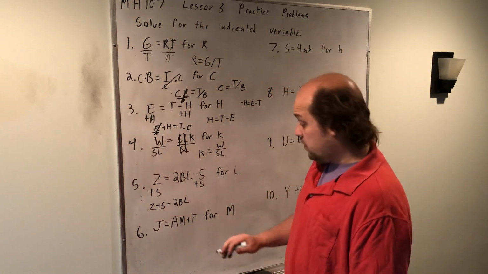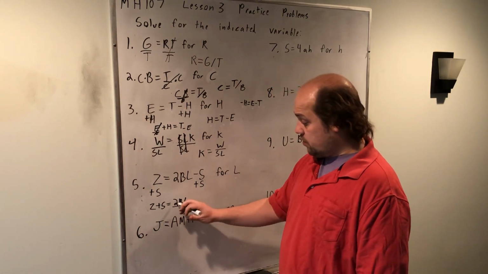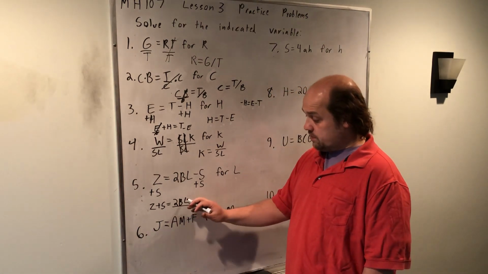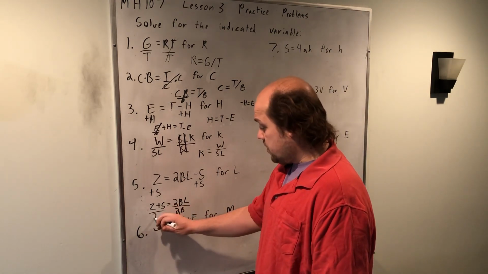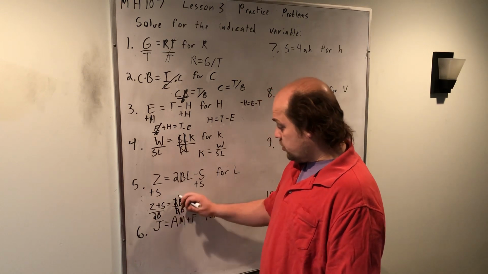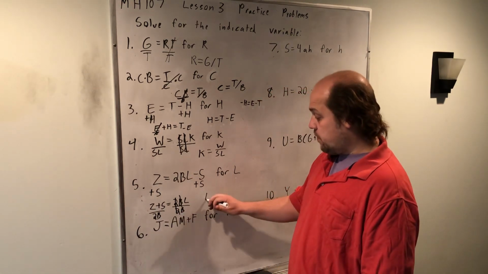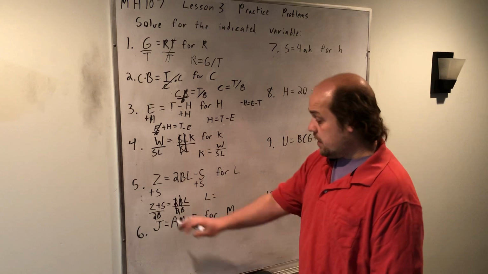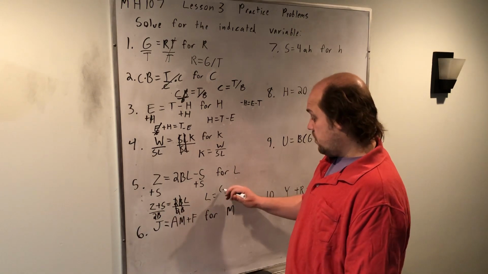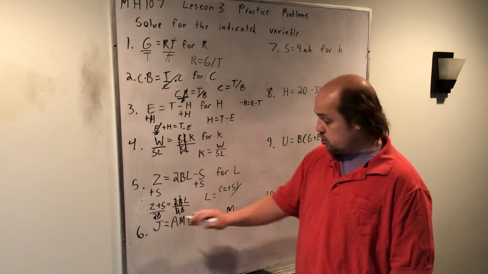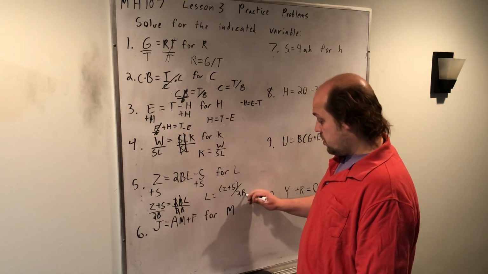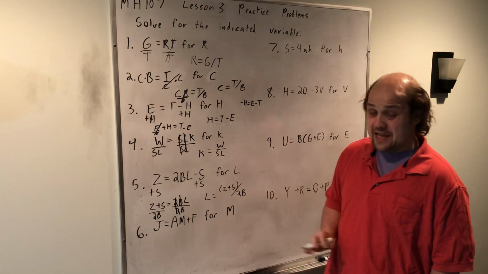I now want L alone, so I'm going to divide by the things that are being multiplied by L. 2 times b times L means 2 times b is what's being multiplied. This 2 and this b will go away to just leave me with L. L is going to be equal to z plus 5, all being divided by 2b. I'd say this is about as complicated as it gets in here.